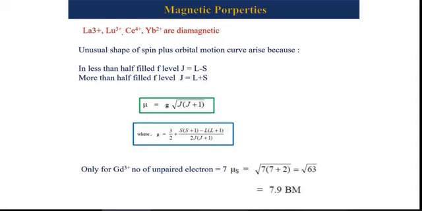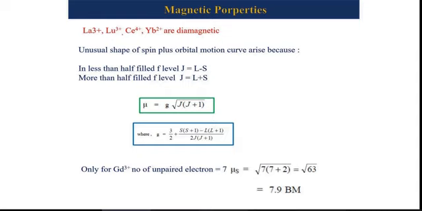Whether you apply L minus S or L plus S, both ways L is basically 0. So J is going to be dependent on S. And that's what I'm again and again repeating. In case of gadolinium, only spin contribution takes part. There will be no contribution from the orbital.